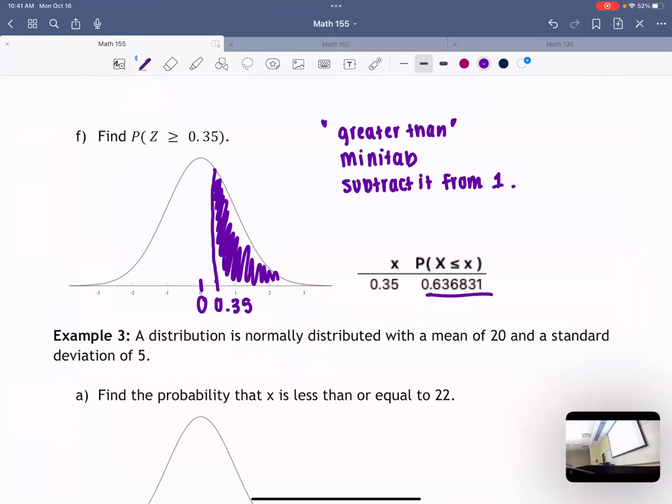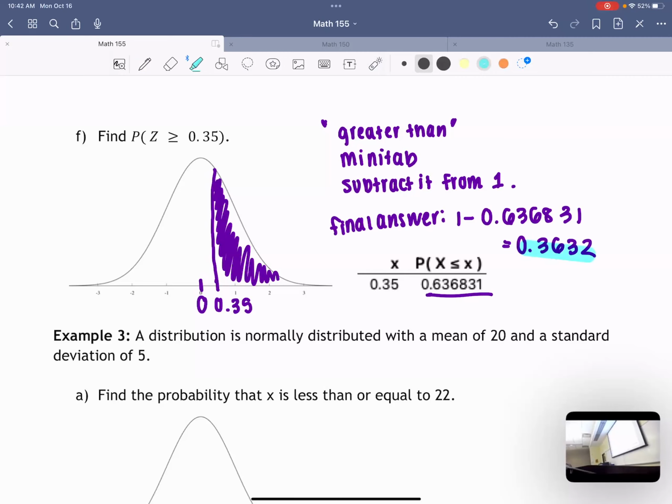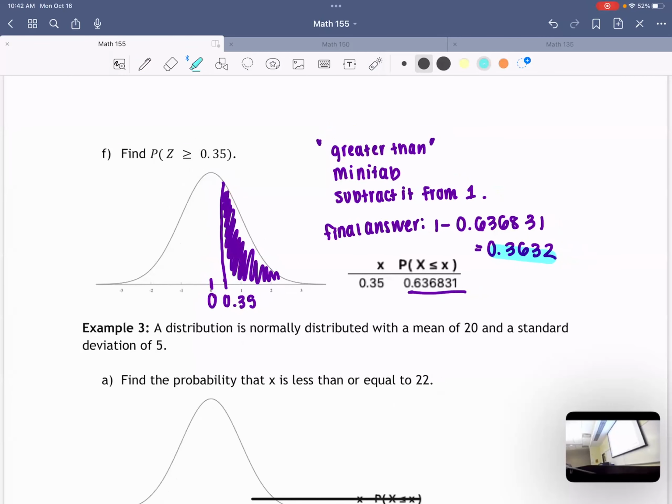Okay, so your final answer here is going to be 1 minus 0.636831. And let's see if I did this one right. I got 0.3632, I think. All right. Any questions on how I got part F?